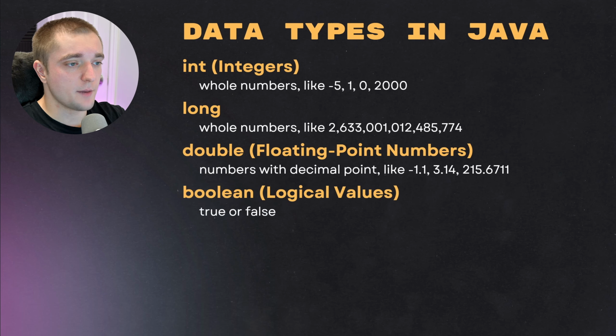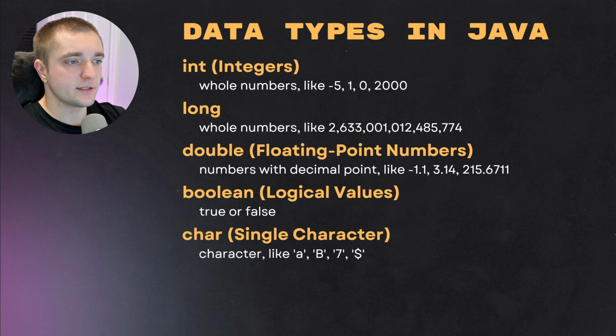The boolean data type can hold only two possible values, true or false. It's used to represent logical conditions. For example, a boolean variable might store true if a user is logged in or false otherwise. The char data type is used to store a single character, like A, B, 7, $ sign. Characters, unlike strings, are always enclosed in single quotes.